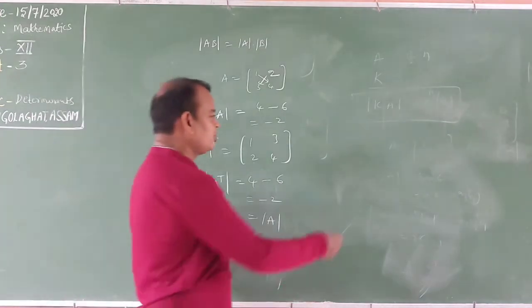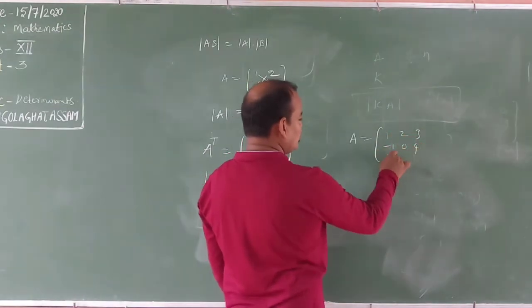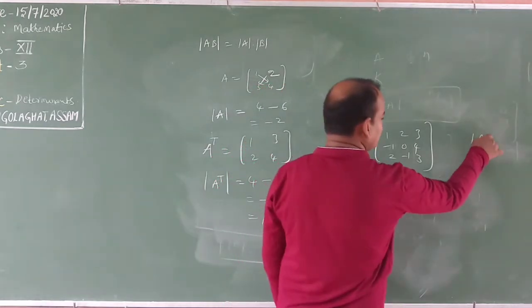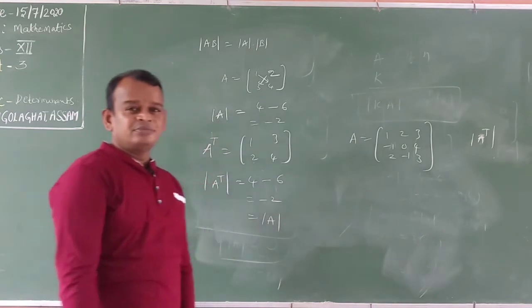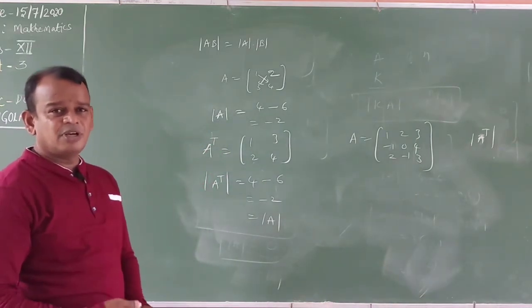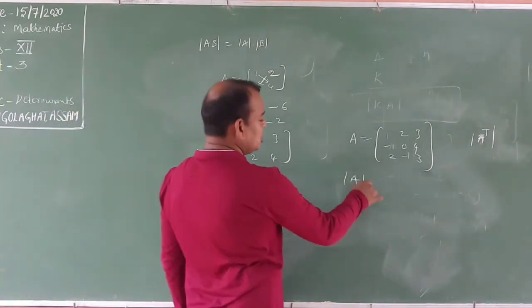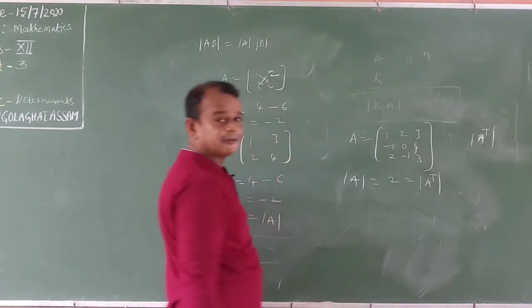It is possible that in the examination, A is given as [1, 2, 3; minus 1, 0, 4; 2, minus 1, 3], and you are asked to find the determinant of A transpose. Don't interchange the rows and columns, because the determinant of A is equal to the determinant of A transpose. If the determinant of A is 2, that is nothing but the determinant of A transpose.